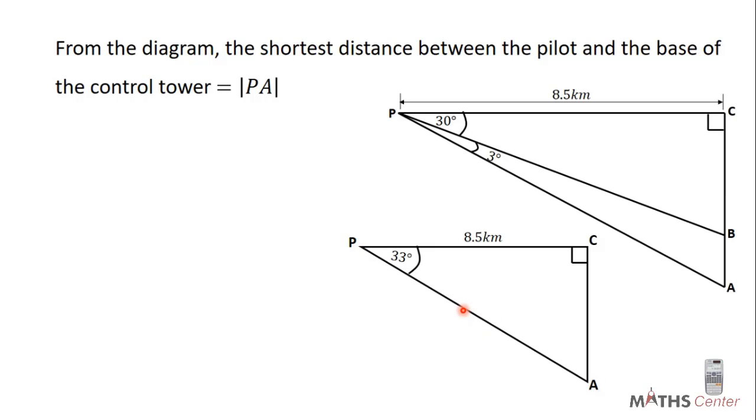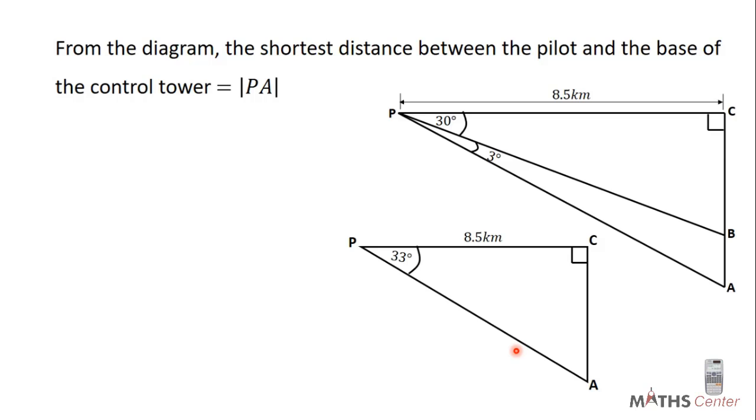From this diagram here, we can see that PA is the hypotenuse because it is the side facing the 90-degree angle, or it is the longest side. And 8.5 kilometers is adjacent to 33 degrees. So we have the adjacent side, and we are looking for the hypotenuse.